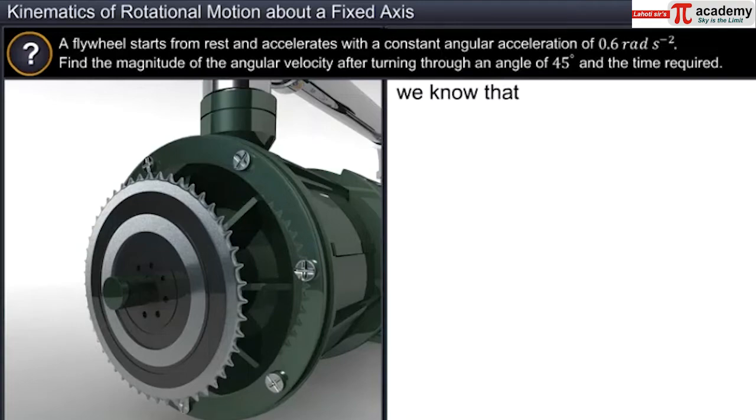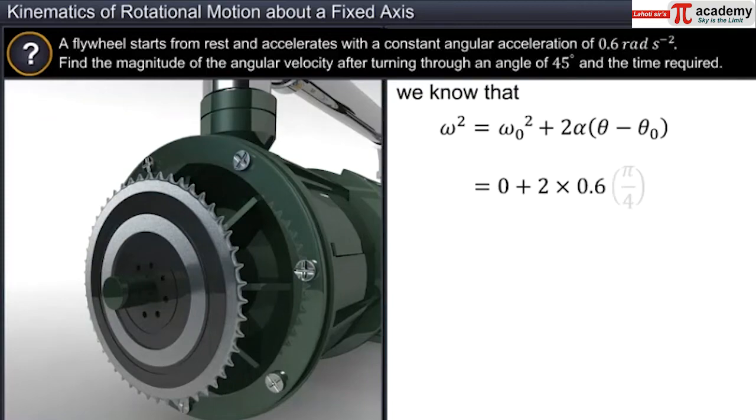We know that omega square is equal to omega naught square plus 2 alpha into theta minus theta naught, which is equal to 0 plus 2 into 0.6 into pi by 4, equal to 0.94. Thus, omega is equal to 0.97 radian per second.